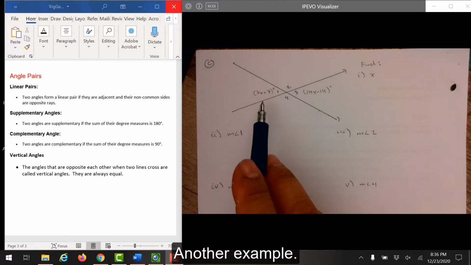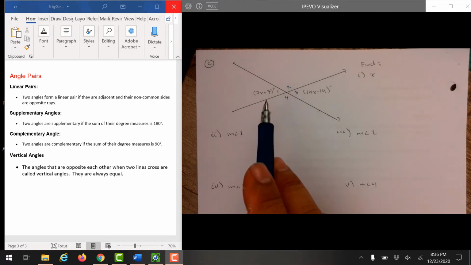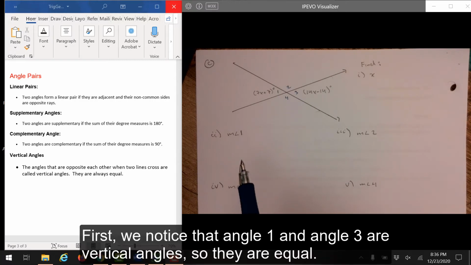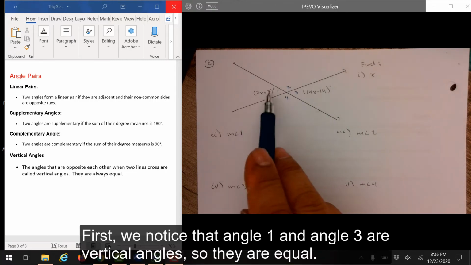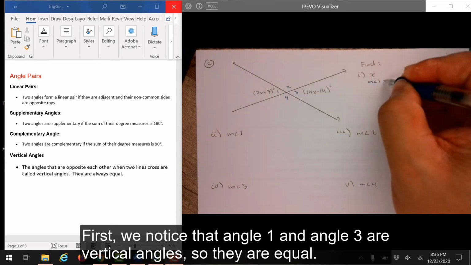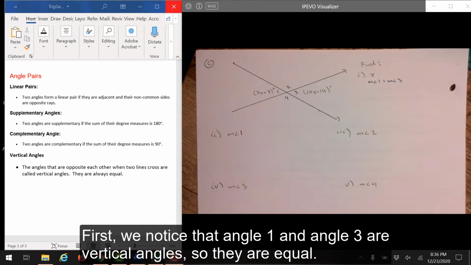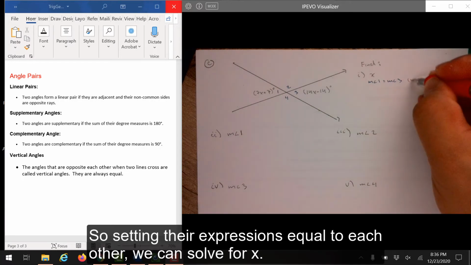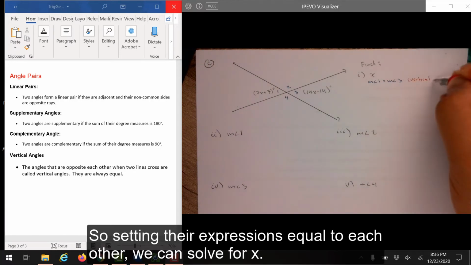Another example. First, we notice that angle 1 and angle 3 are vertical angles, so they are equal. So setting their expressions equal to each other, we can solve for x.